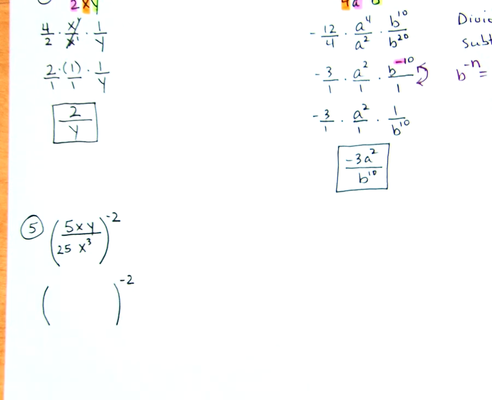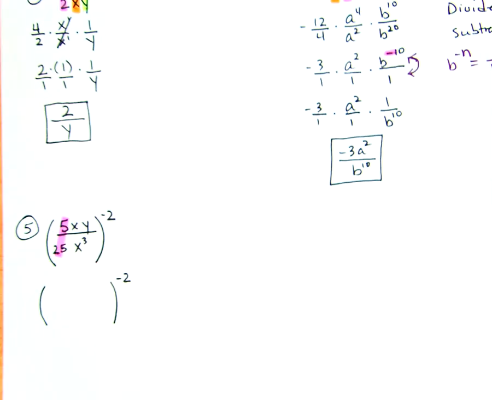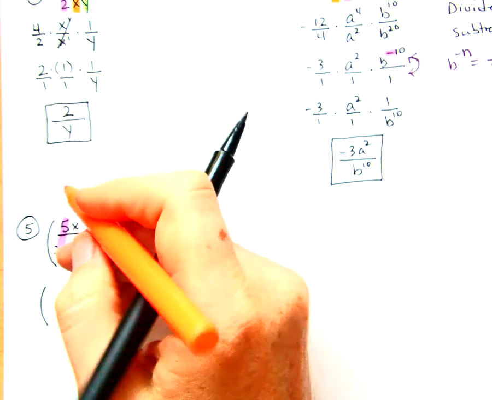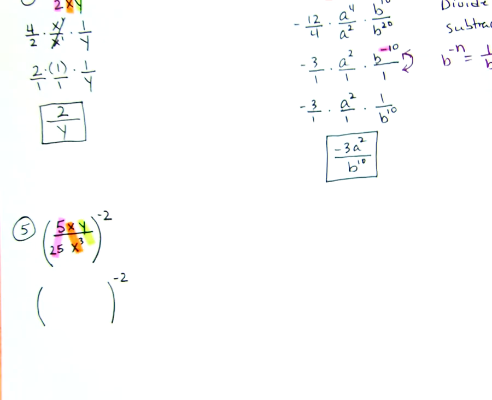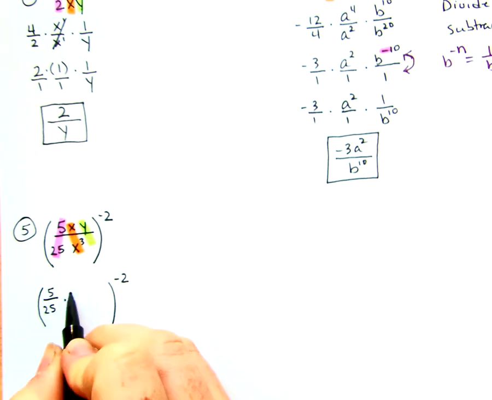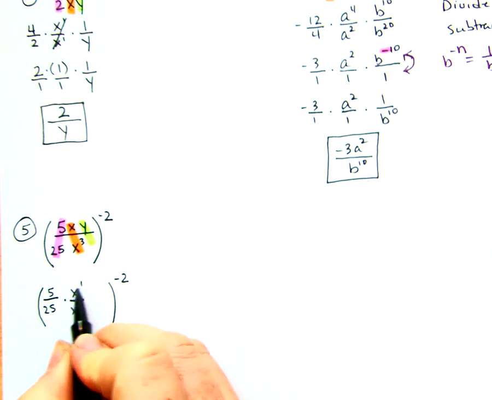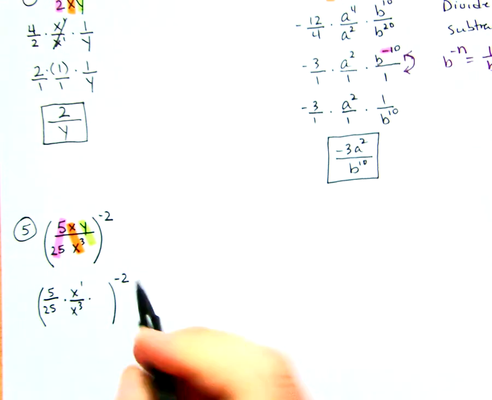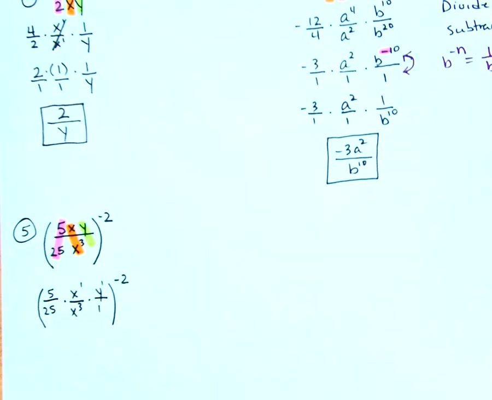On the inside of the fraction, I want to put together my coefficients, in a separate fraction my x's, and then in a third fraction my y's. So we're going to have 5 over 25 times x to the first over x to the third. Remember, if there's no exponent written, it's assumed to be a 1. Over y to the first. There's no y's in the bottom, so I'm just going to put over 1.